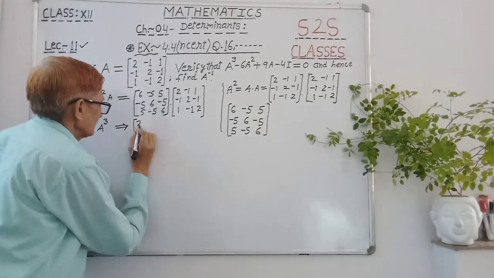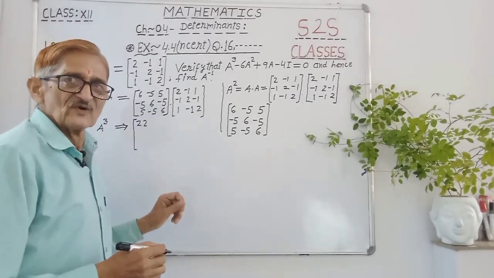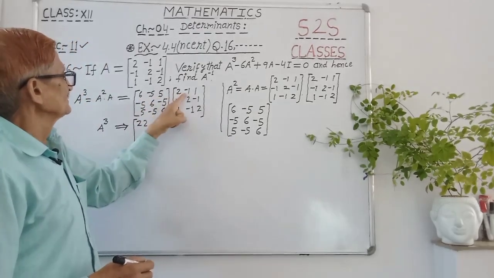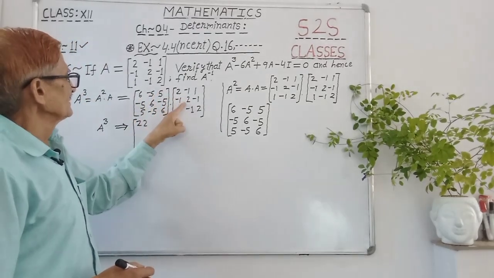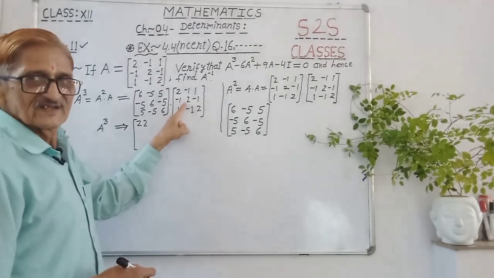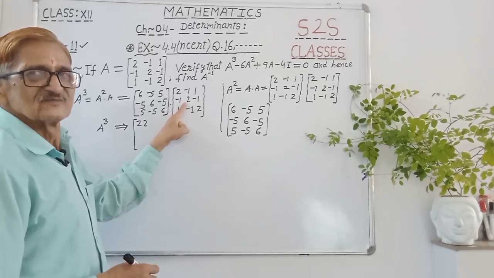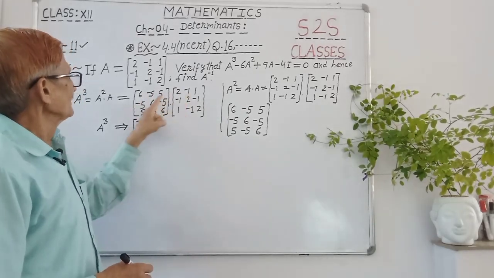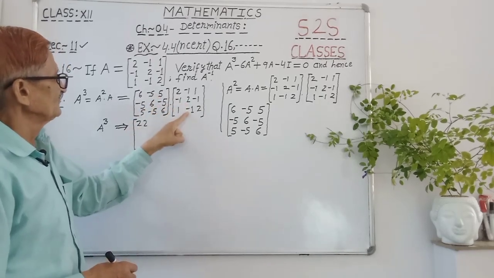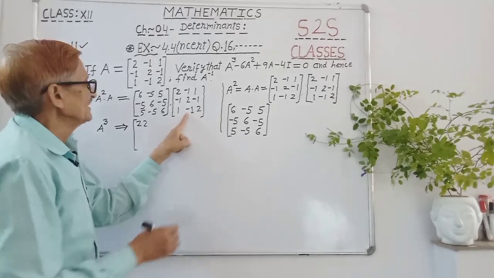I am writing the product sum directly, corresponding elements of row with column. Now first row with second column: 6 into minus 1 is minus 6, and minus 5 into 2 is minus 10, so minus 6 minus 10 is minus 16, and 5 into minus 1 is minus 5, minus 16 minus 5 is minus 21.